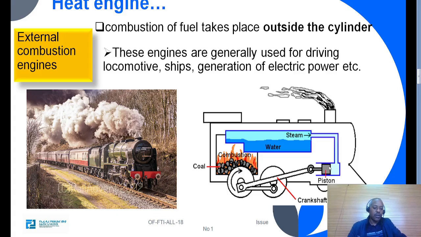The force required to move the piston is created by the steam pressure. The movement of the piston is transferred to the crankshaft by using the connecting rod.